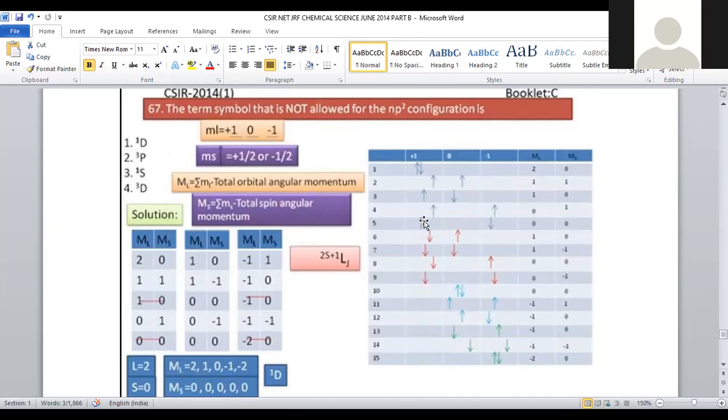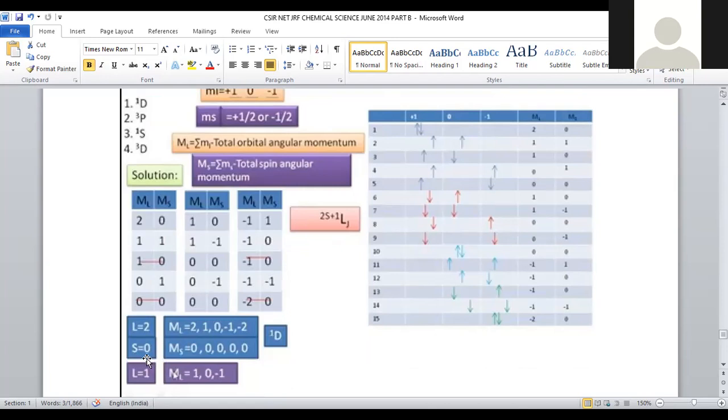Next combination: one electron with a positive spin, another electron with a negative spin. In this case, S becomes 0. When S becomes 0, 2S plus 1 is 2 into 0 plus 1, which will be 1. And with +1 and -1 orbital angular momentum compensated, L is equal to 0.